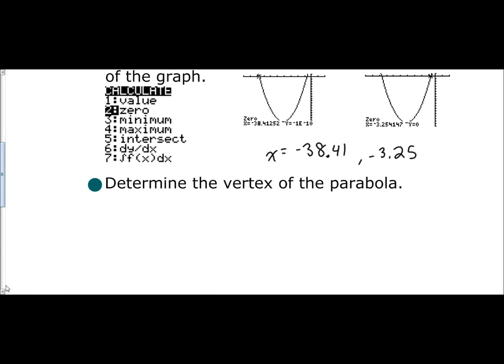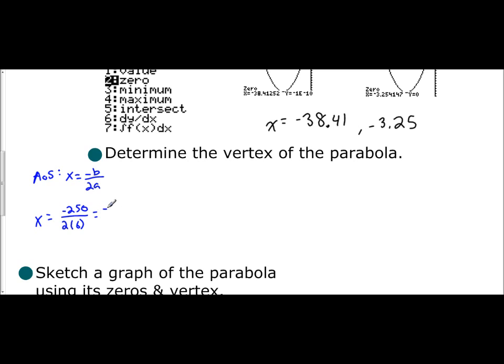Determine the vertex of the parabola. So remember, when you want to find the vertex, what you need to do first is find your axis of symmetry. And this is what we covered in the first lesson. And so the axis of symmetry is x equals negative b over 2a. Our b was 250, so x equals negative 250 over twice a, and a was 6.